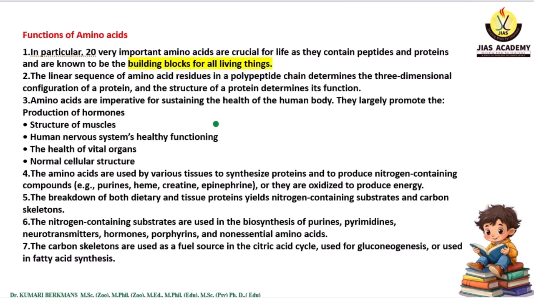The third point is that amino acids are imperative for sustaining the health of the human body. Largely they promote the production of hormones, the structure of muscle, and the human nervous system. The nervous system has to function healthily, and in this sense proteins are very important. For example, this is one nerve ending, and here chemicals will be released.